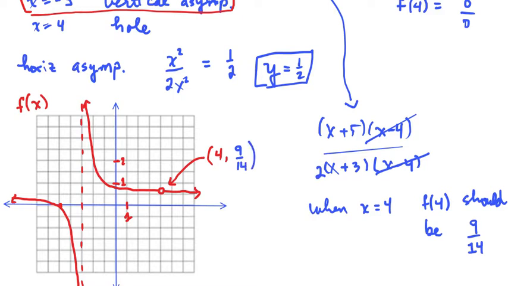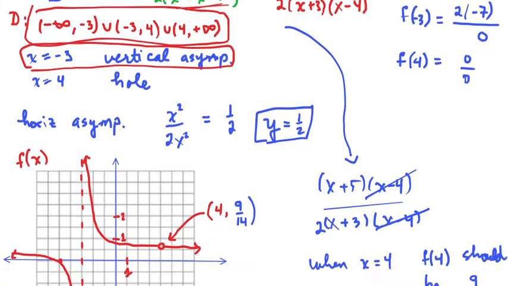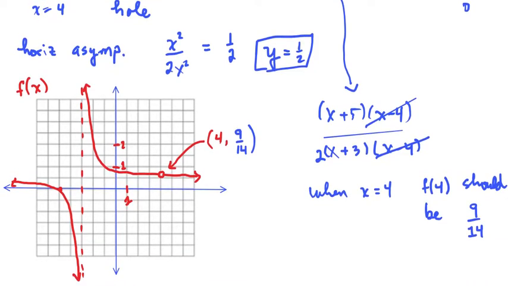Now, why does this matter? The problem here doesn't ask for the hole, but the hole is important because it helps us answer the last question, which is perhaps the most difficult: the range. From the graph, we can see that the range, which is the y values, includes every number from -infinity up to 1/2.